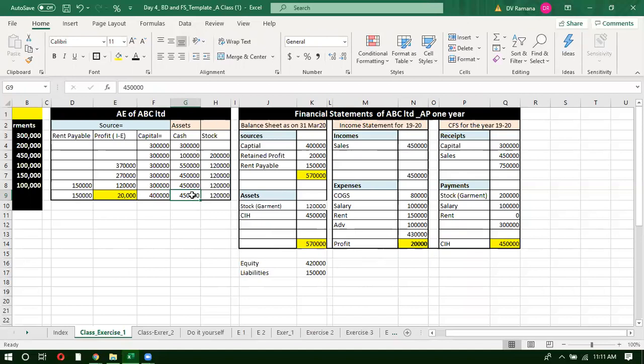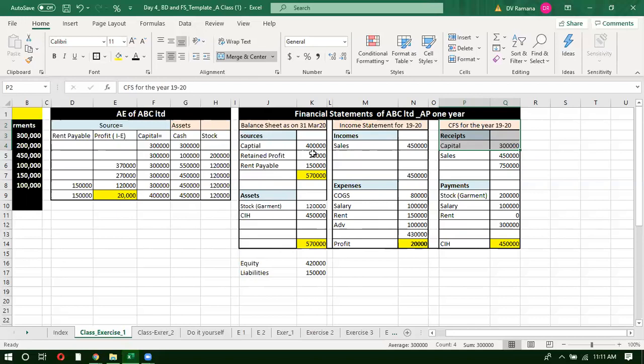But how did this cash come? Where did this cash come from? Why did the cash change? These questions cannot be answered by the accounting equation unless you observe line by line every equation. Whereas a cash flow statement will tell us all receipts, all payments. So receipts minus payments is equal to cash in hand.